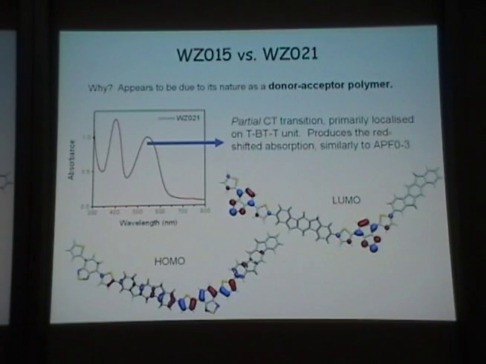When we did some DFT calculations on the molecular orbitals, the state energies, etc., you can see that this absorption band here can be assigned to a partial, only partial, charge transfer transition, where the HOMO has a large amount of orbital density on its biofilm units, whereas the LUMO, as you would expect, is primarily localised on the benzodiazole.